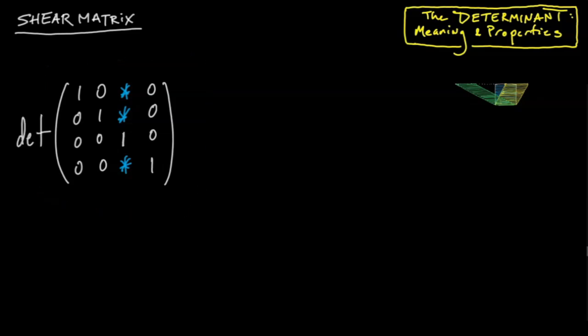And I'll bet you can guess what its determinant is going to be. It's going to be 1 because shears preserve volumes. In this case, we would have a grid of hypercubes, which could be sliced into infinitesimally thin 4-dimensional boxes of a sort. One of those dimensions would be infinitesimal, and we would have infinitely many of them stacked up.